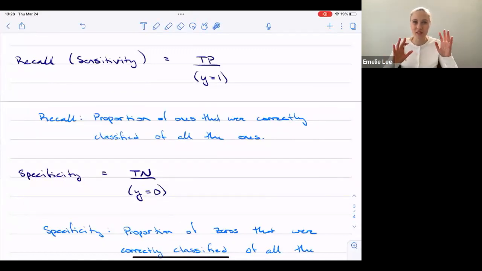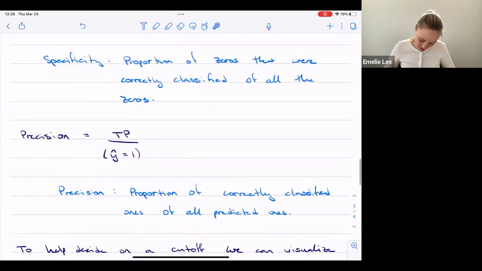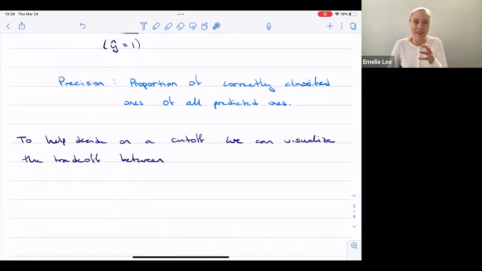So we can visualize this trade-off between the recall and the specificity by visualizing them on a graph. That's going to help us decide what an appropriate cutoff would be. Or maybe if we have some trade-off in mind, then that's going to help us determine the trade-off.